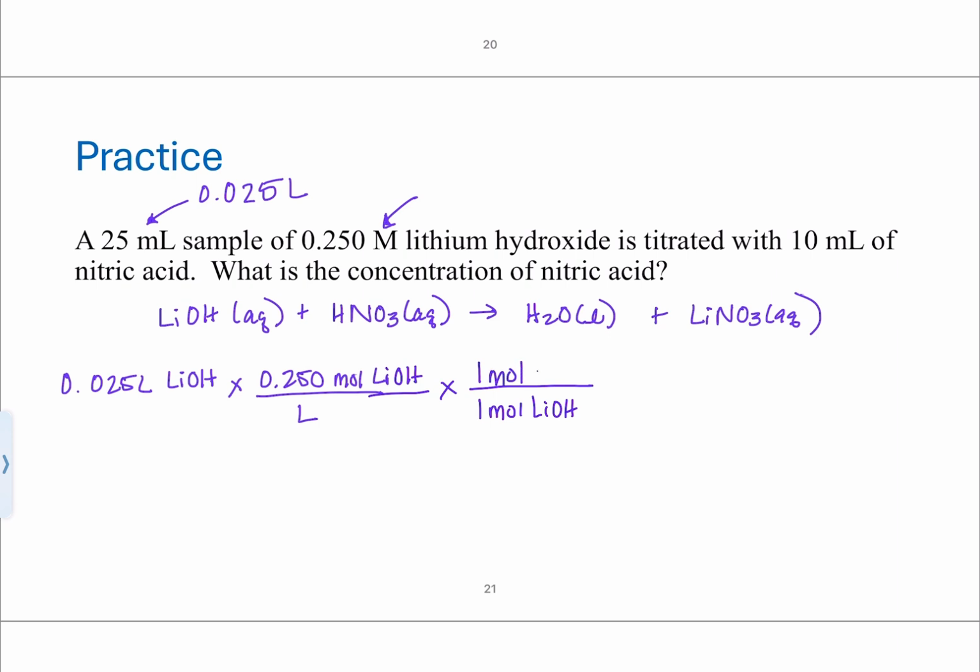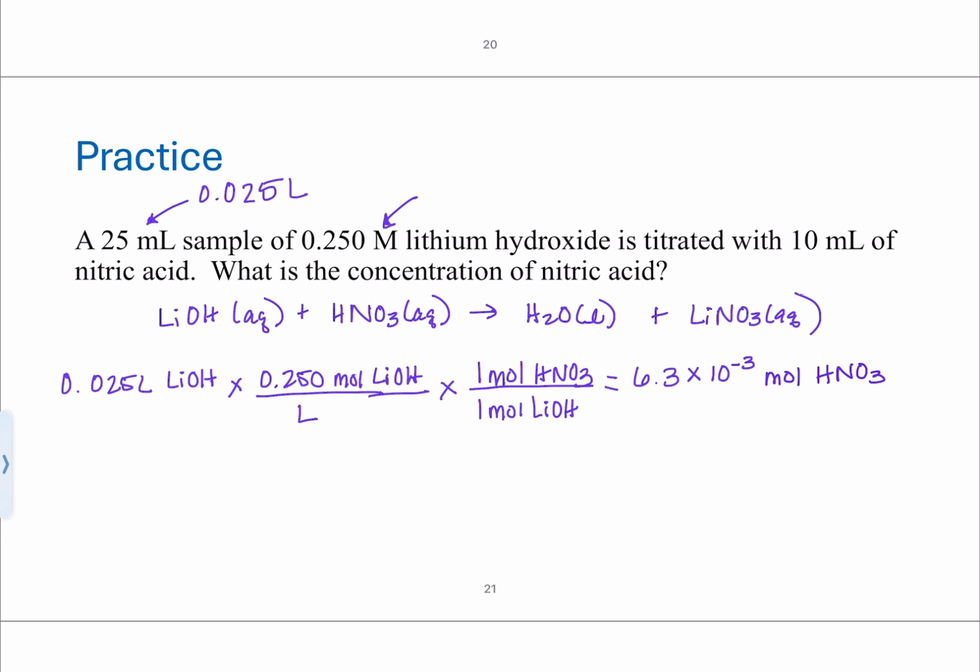So this is where we're going to need our mole to mole ratio, and we're going to get this from our balanced equation. So for every 1 mole of lithium hydroxide we also get 1 mole of nitric acid.